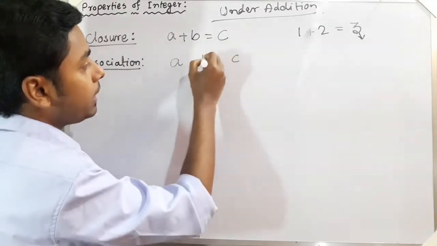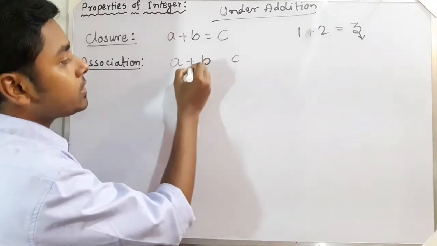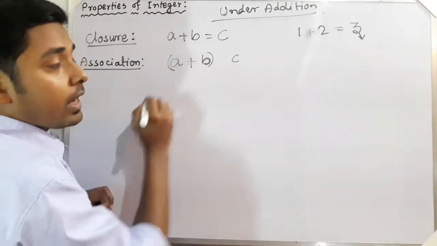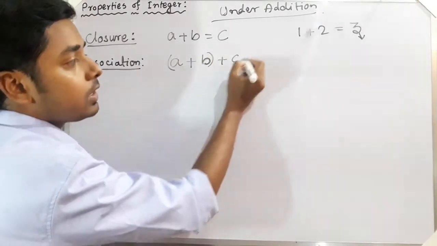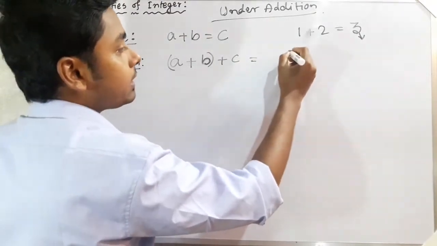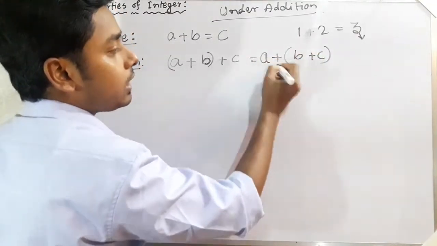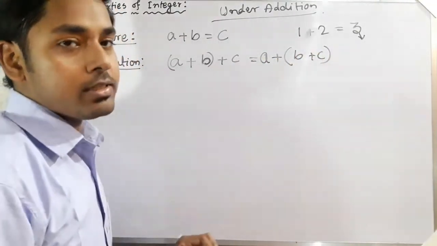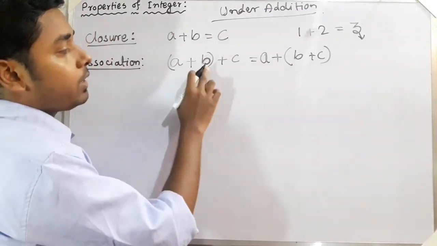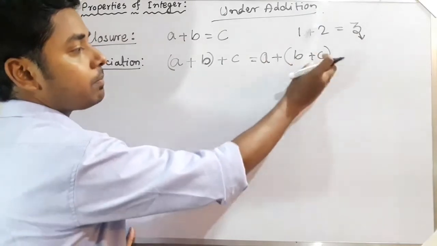Suppose we take A, B, C. If we add the first two integers first and then add the third one, and in the second case we add the last two integers first and then add the first one, then we will get the same answer. That means (A plus B) plus C is equal to A plus (B plus C).